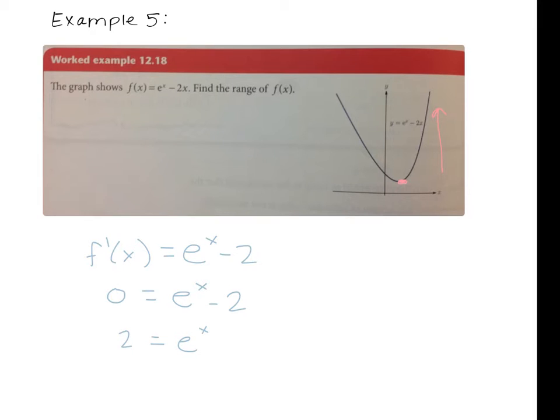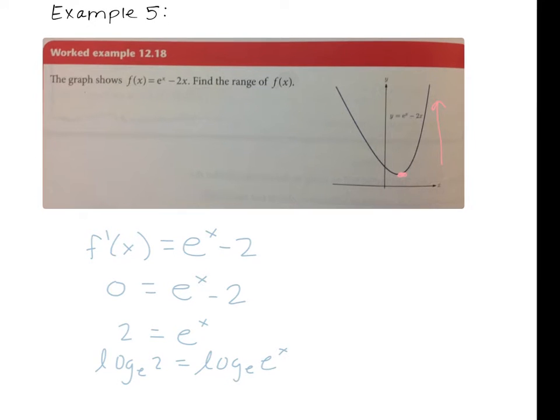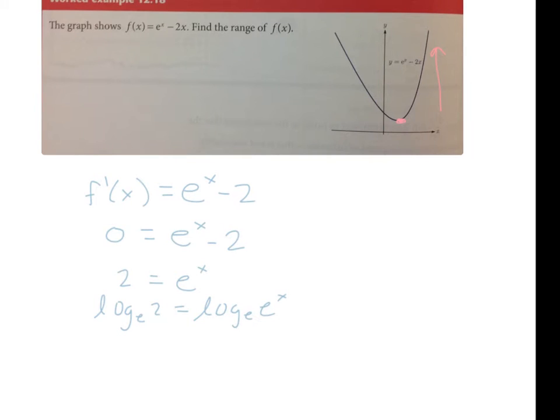We're going to need to take a log base e of both sides, because log base e of e to the x is just x. That's what allows us to solve for x. And log base e is really just natural log of 2. So we now know that the x-coordinate of that stationary point is natural log of 2.